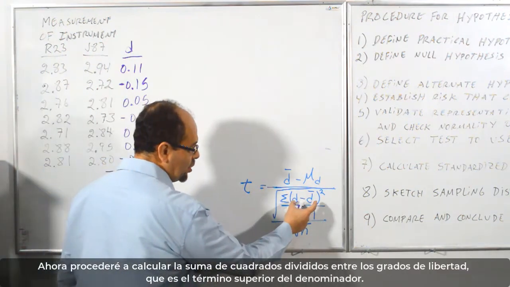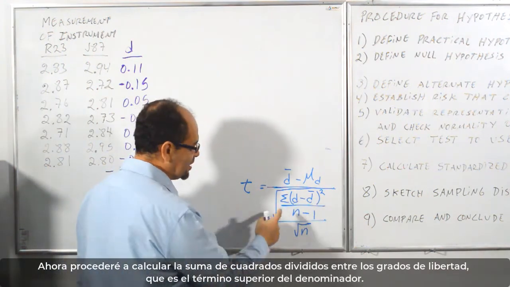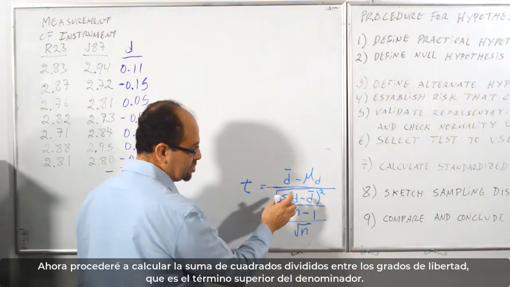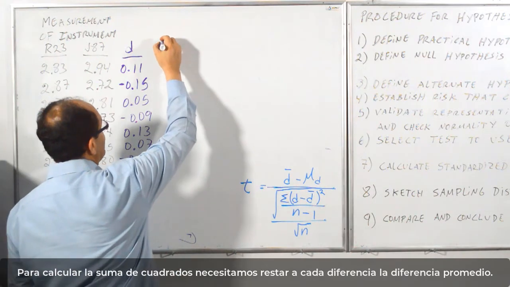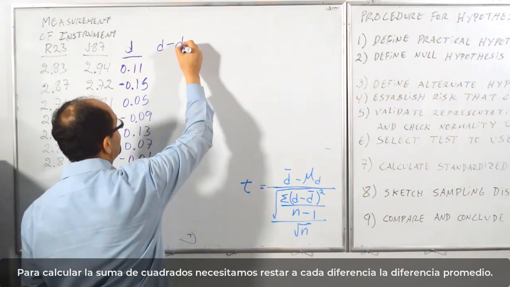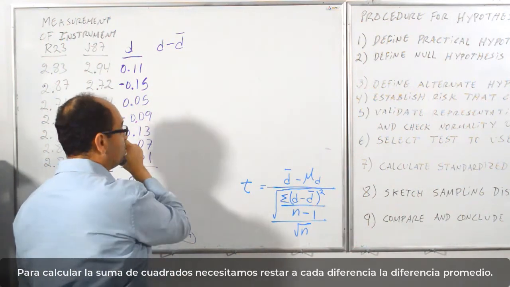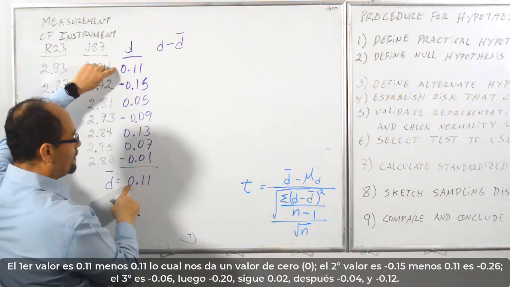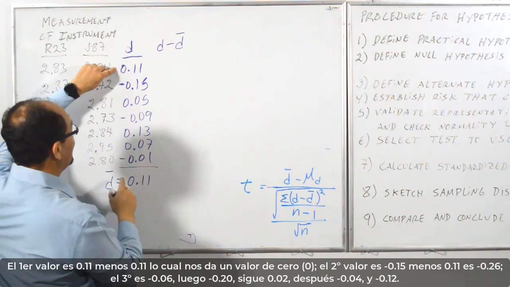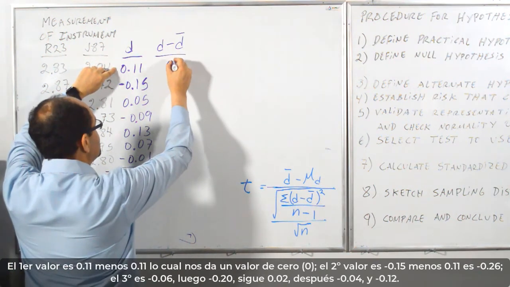Now I want to get the sum of squares divided by the degrees of freedom, which is this term. The sum of squares will be each difference minus the difference average. In this case it will be 0.11 minus 0.11. This difference is 0.